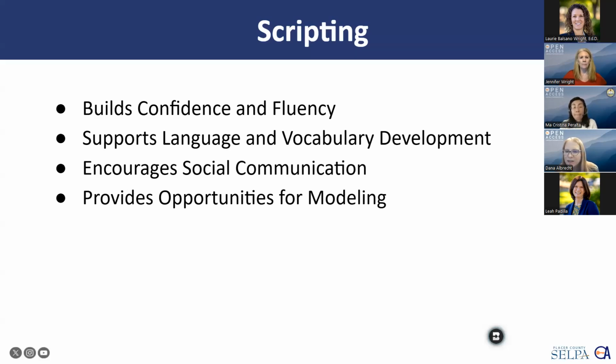So to recap here, some of the strategies that I just briefly went over, we can talk about these for days, but we talked about supporting language and communication competency through modeling and making sure that our input matches the output that we're expecting. We talked about leveraging the predictability and the repetitive nature of routines.